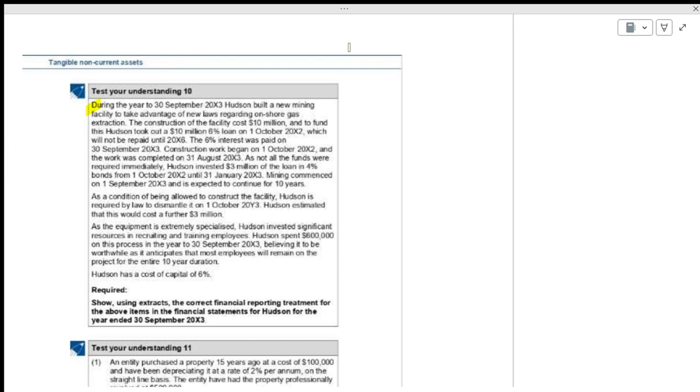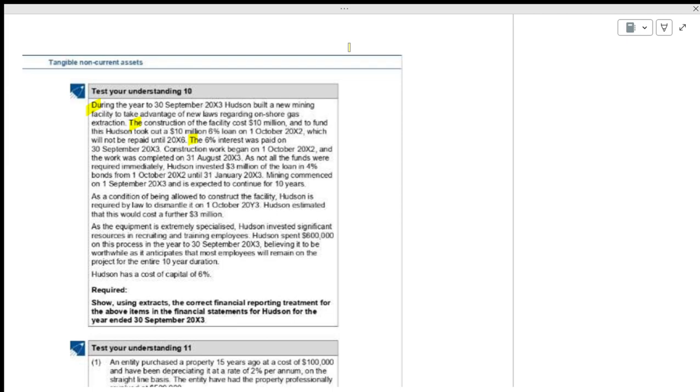Always keep it in mind, divide the sentence. The construction of the facility cost 10 million, and to fund this, Hudson took out a 6% loan, which will not be repaid until 2006. They have taken the loan, so borrowing cost will come.